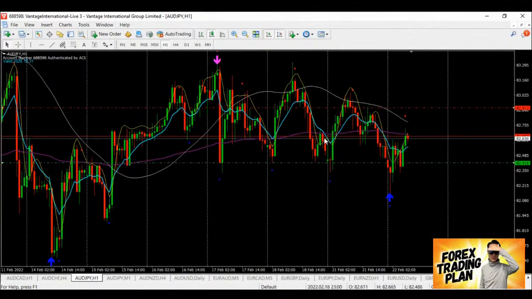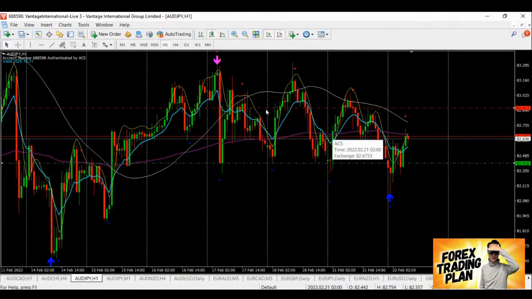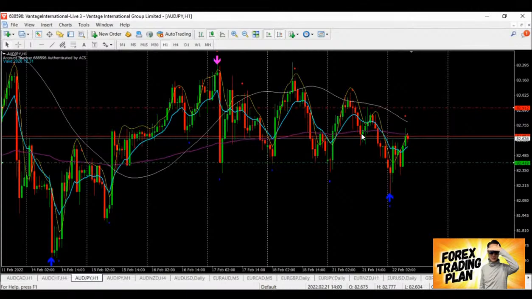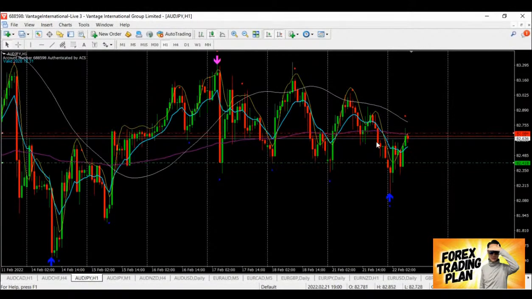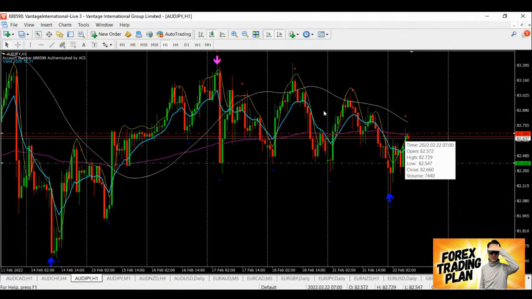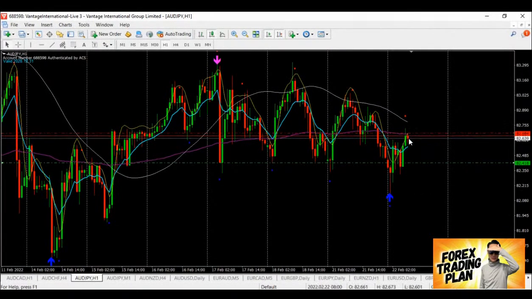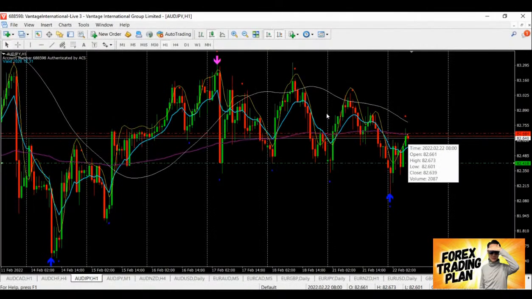The previous support has been broken and came back here as a support, and then it breaks. The previous resistance has become the support and it breaks. So once it breaks, this is the time where it is creating a new resistance.